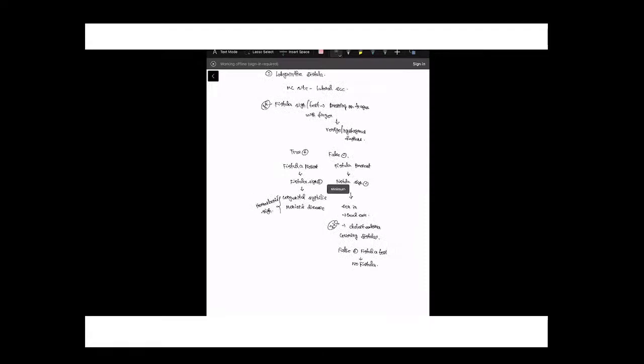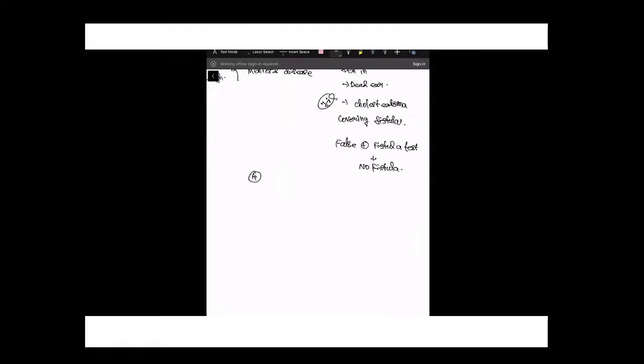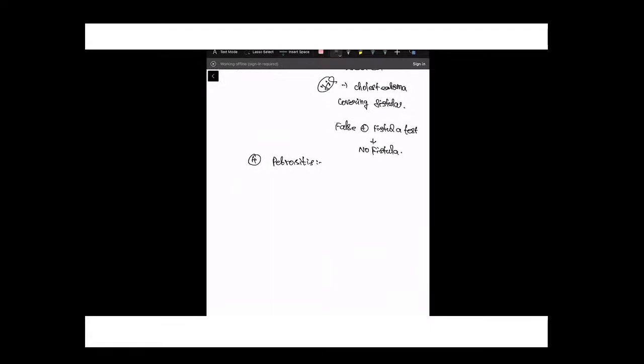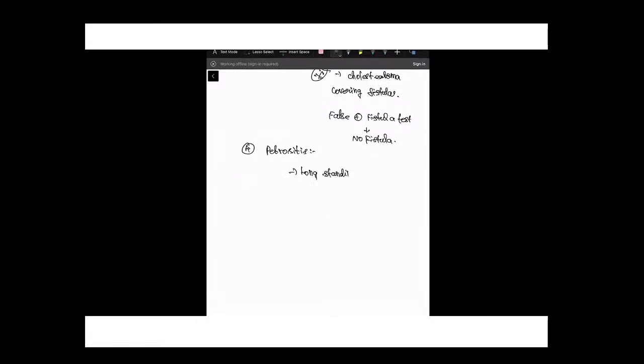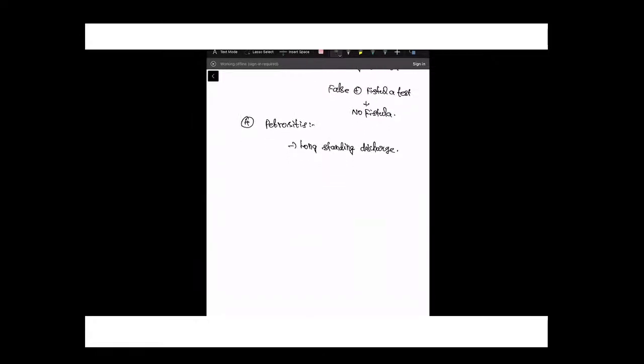Next to labyrinth fistula, we can have petrositis. There is long-standing discharge, and we have the Gradenigo syndrome.